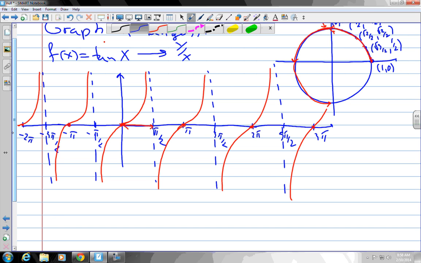Okay. So just by looking at the graph, what is the domain of this function? What is the domain of the tangent function? Yes, because the distance between each asymptote is exactly pi.